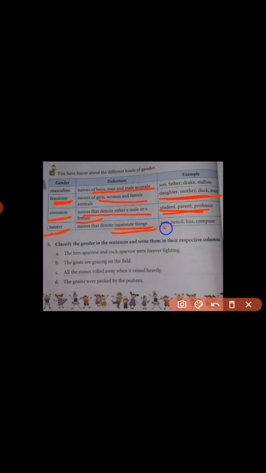For example, see here: pen, pencil, bus, computer, car, school, and so on. All these are neuter gender because they are not in the classification of male, female or common. They are apart from all these genders, that's why they are neuter gender. Especially, we have an idea that all non-living things are considered to be neuter gender. So nouns that denote inanimate things are always considered to be neuter gender.